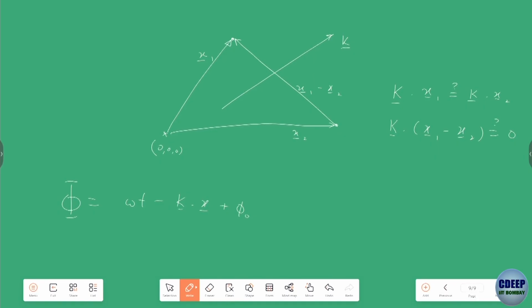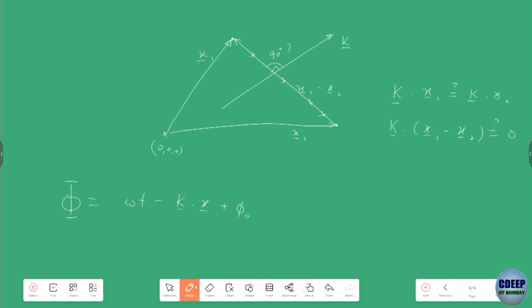Is it orthogonal to kappa? That is the question. So whenever it is orthogonal, then these 2 points are going to be at the same phase. So all points such that this is 90 degrees will be all on the same phase.